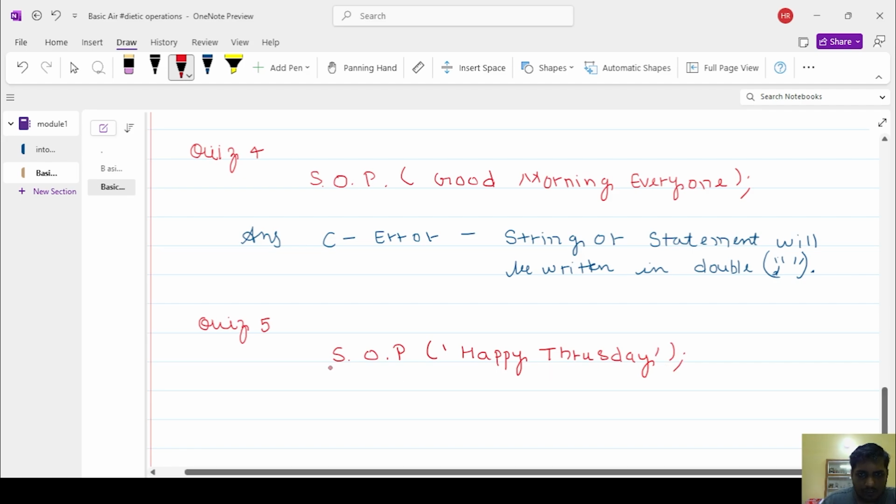So the answer is C, meaning error. Why error?